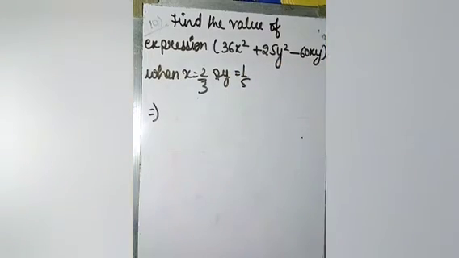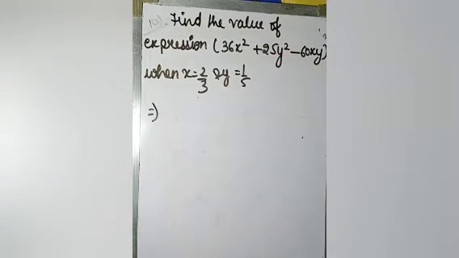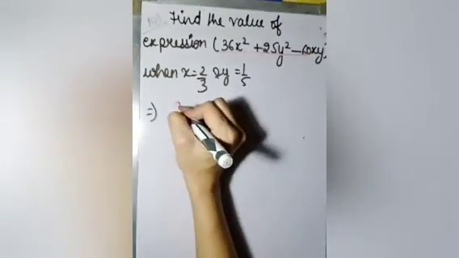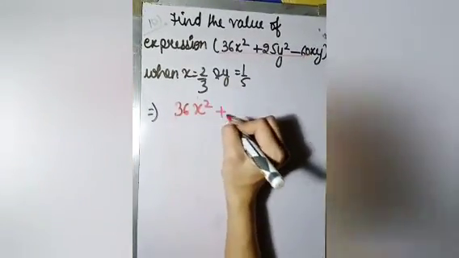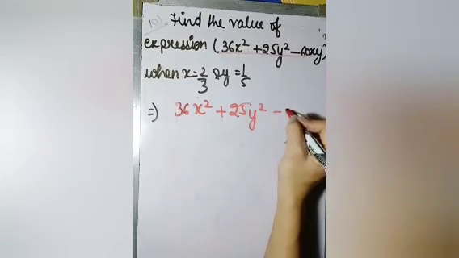Now see, write the expression here first. The expression is 36x square plus 25y square minus 60xy.